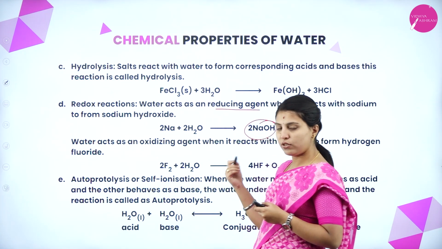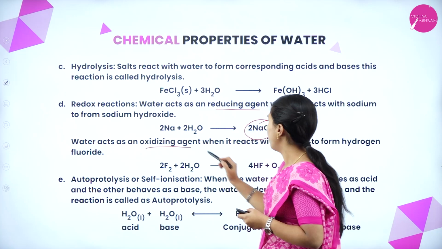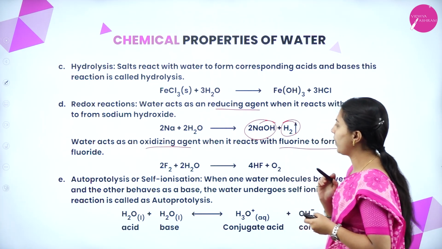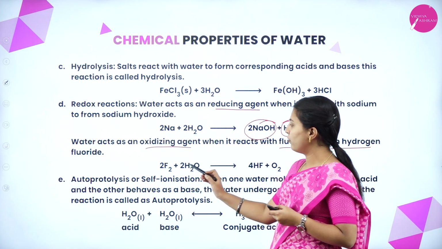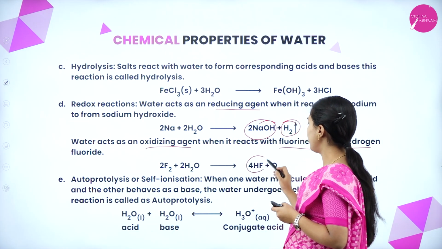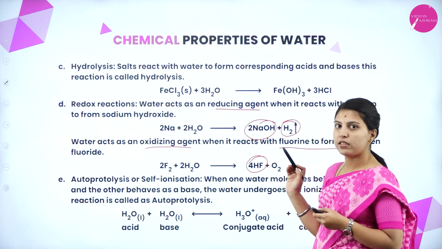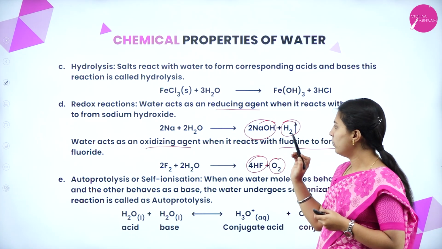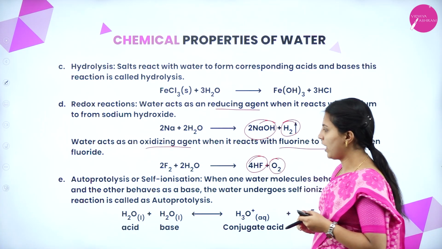And water also acts as an oxidizing agent when it reacts with fluorine to form hydrogen fluoride. See, fluorine and water will form hydrogen fluoride. Water gets oxidized here, fluorine is reduced. So it acts as an oxidizing agent.